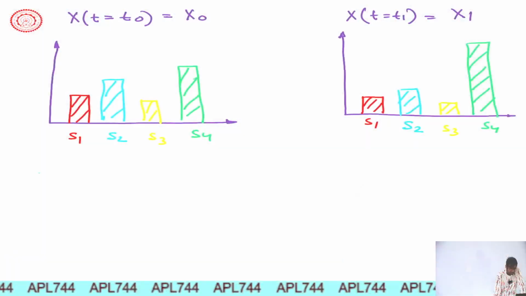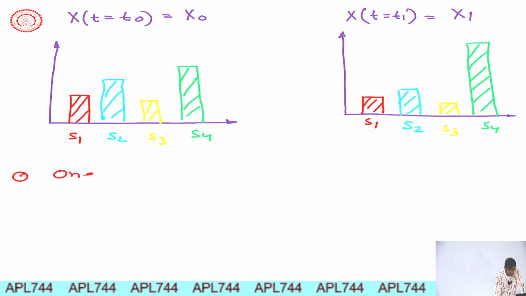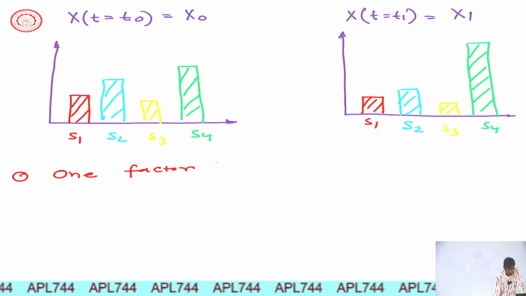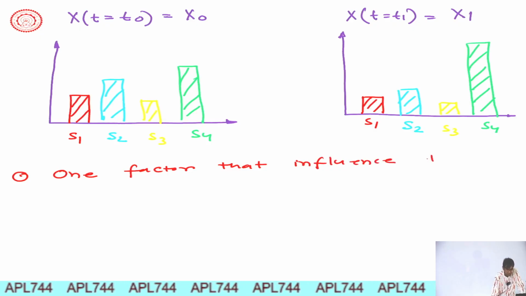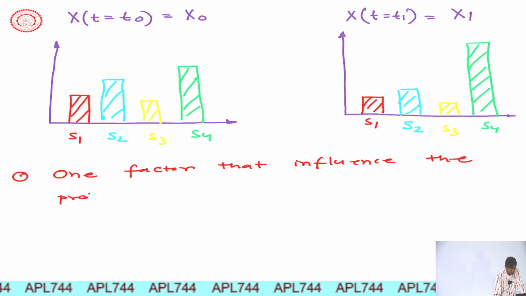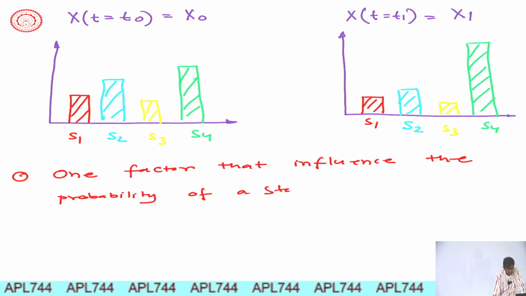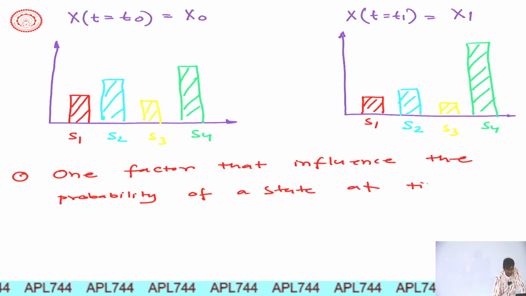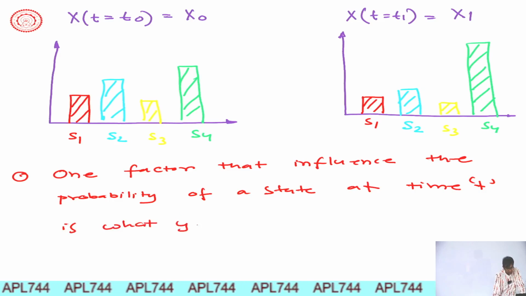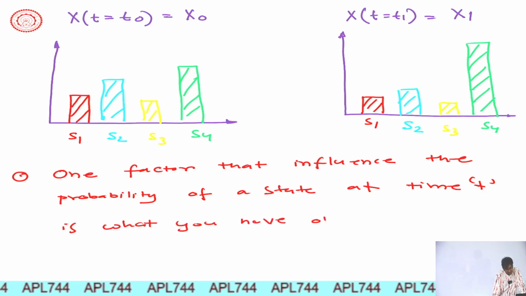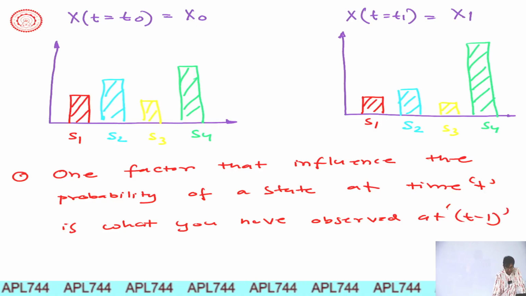So one factor that influences the probability of a state at time t is what you have observed at t minus 1, right?